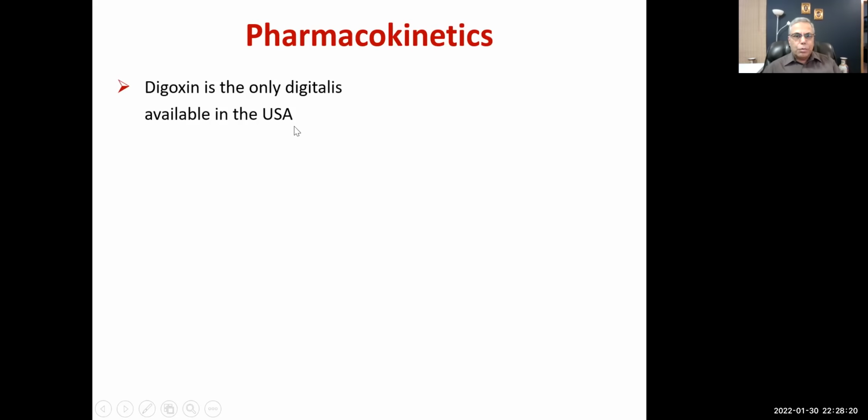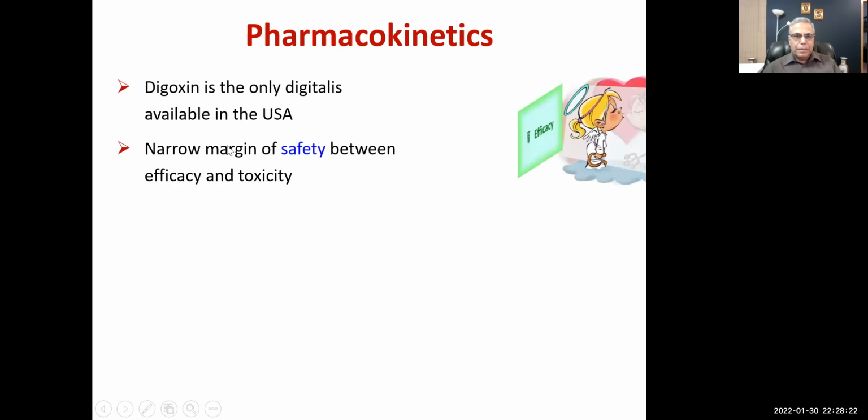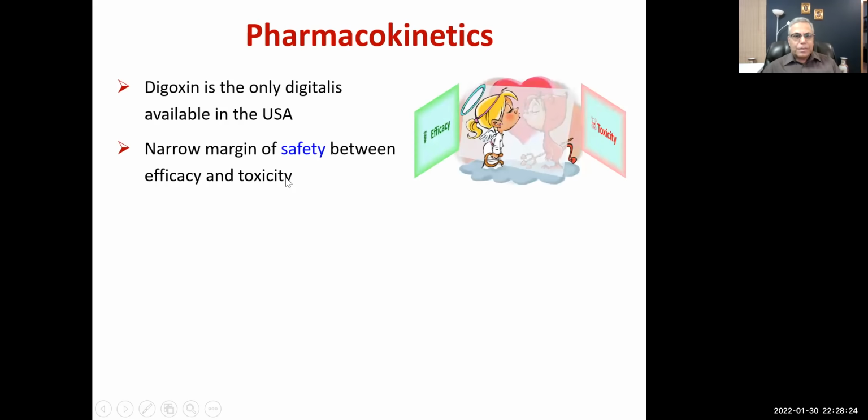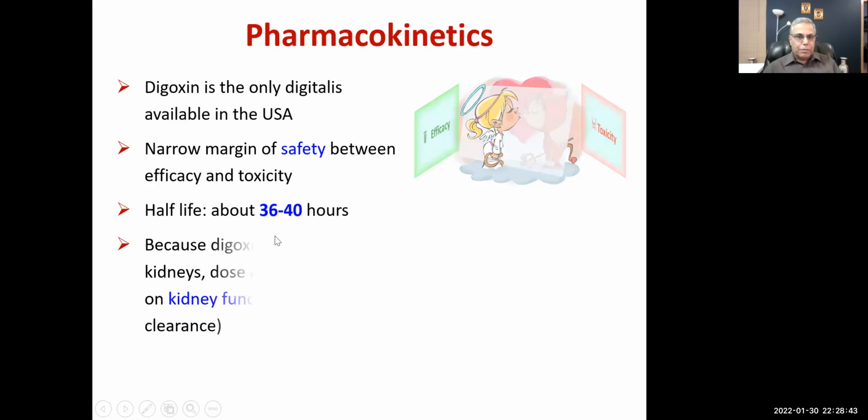Pharmacokinetics: digoxin is the only digitalis available in the USA. The margin of safety between efficacy and toxicity is very narrow. Like this is a Saturn and this is an angel. They come very close to each other, which is not something desirable. So it has a very narrow therapeutic index. Half-life is about 36 to 40 hours.